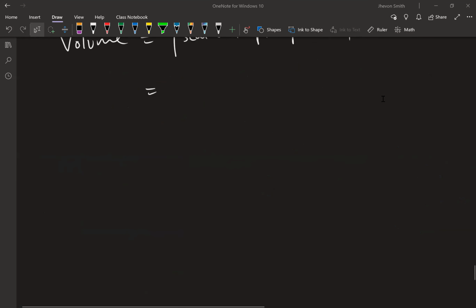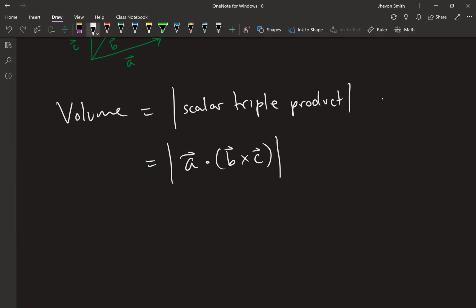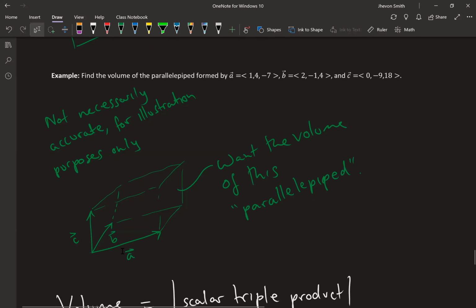So that guy was described in property 5 in that table above. Basically, this is going to be A dot B cross C, and then take the magnitude of that. What this looks like is, again, a determinant where you put the vector A across the top. Let's change these colors.